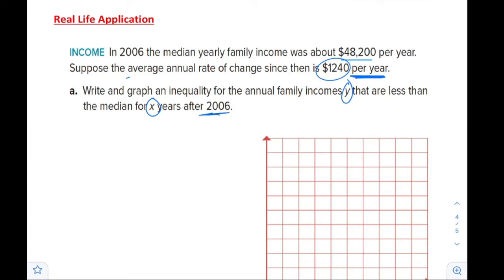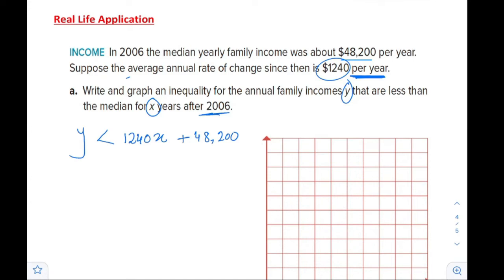We will assume that the average annual rate is y, the income is y, and it should be less than 1,240x, where x is the number of years, plus the fixed amount which has been written before, the income before.